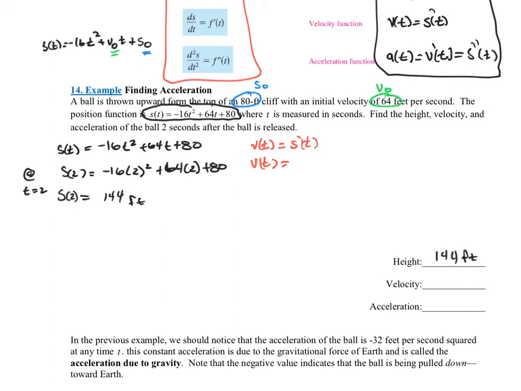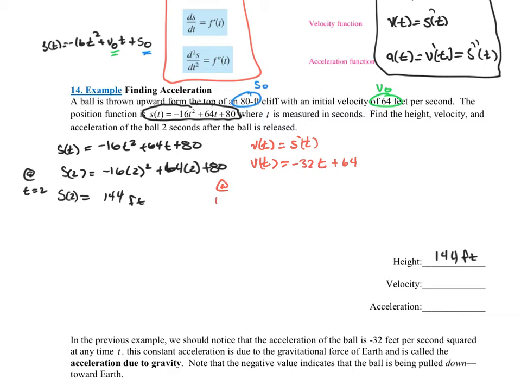The derivative of t squared is 2t, so negative 16 times 2t would be negative 32t. Plus 64 times t, the derivative of that is 64 times the derivative of t, which is 1, and 64 times 1 is just 64, plus the derivative of 80, and the derivative of 80 is 0, so I'm not going to include that. So our velocity function is negative 32t plus 64.